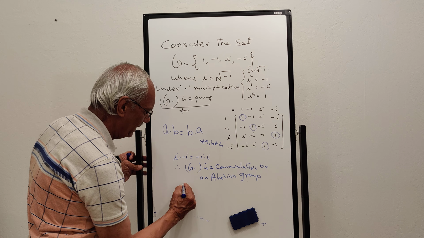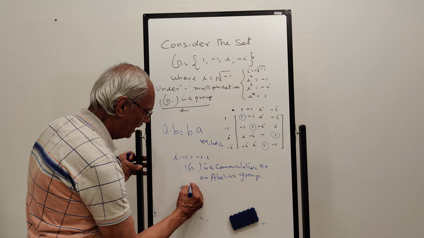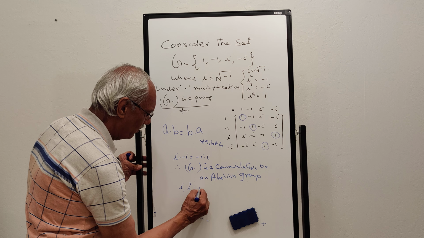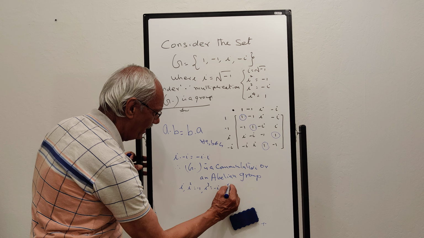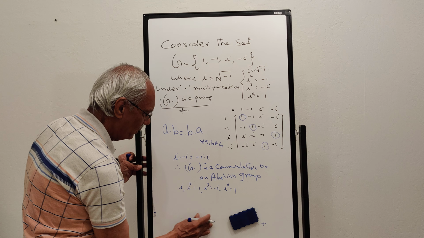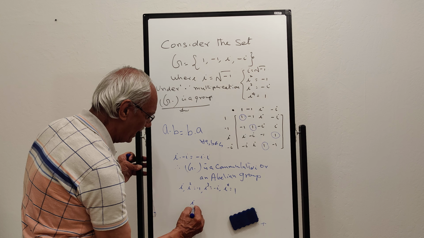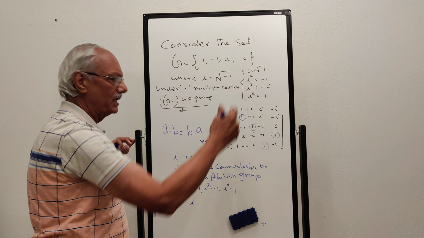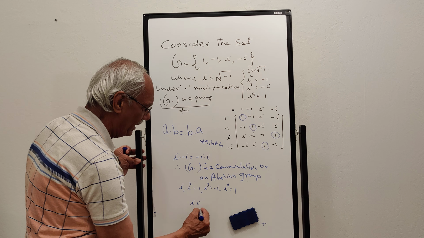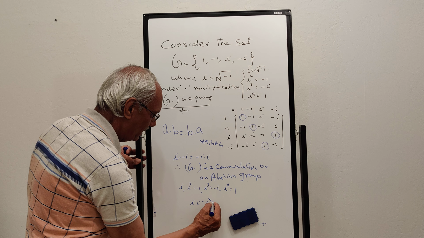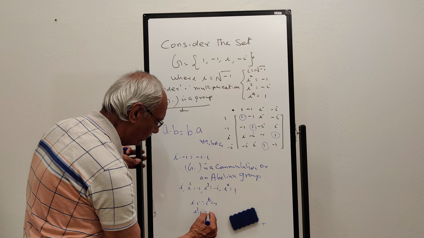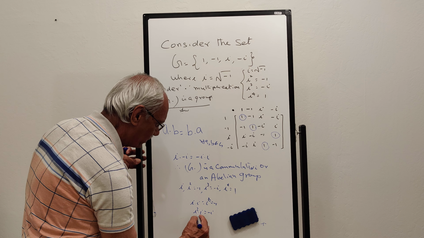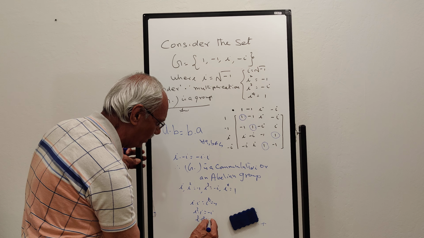And incidentally, if you take I, I squared is equal to minus 1, I cubed is equal to minus I, I to the power of 4 is equal to 1. So you see that I will generate the whole set. I dot I is equal to I squared is equal to minus 1. I squared dot I is equal to minus I, I squared dot I squared is equal to 1.